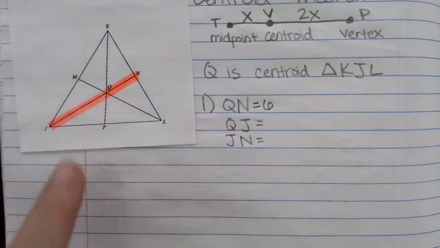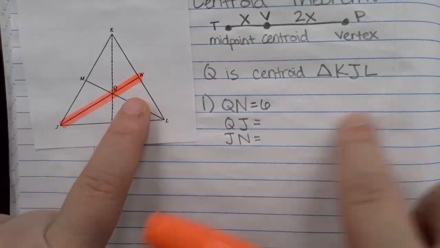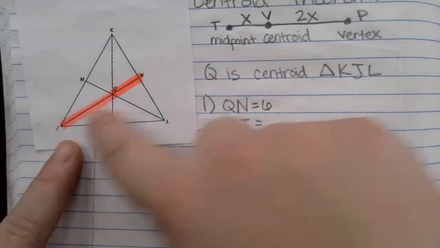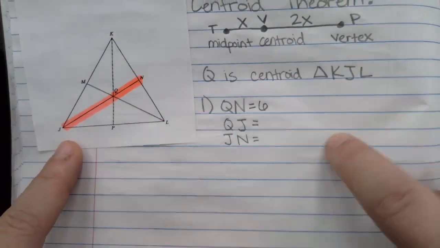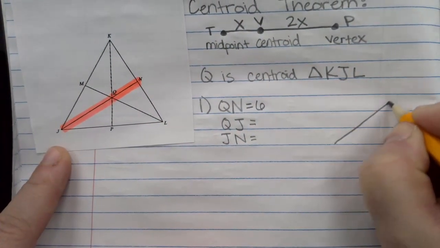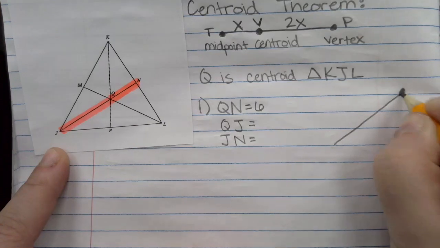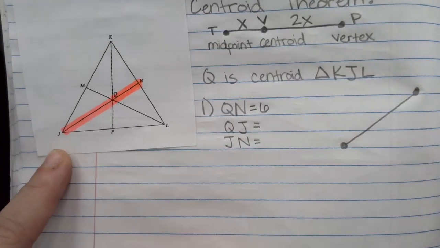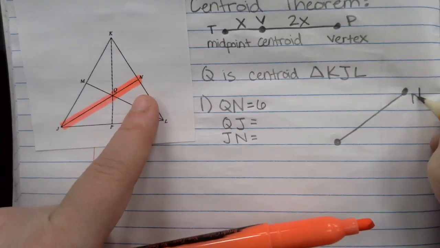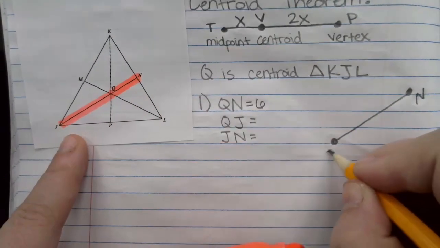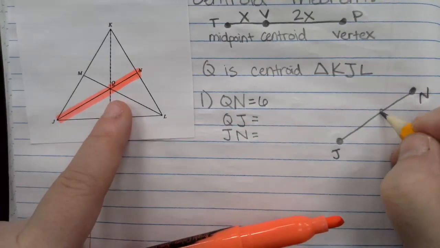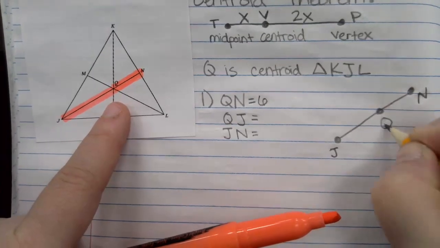This is where we're going to use our highlighters. I'm going to highlight that so I know when I do this problem that's the one I'm looking at. I'm going to draw a picture of JN over here and try to mimic exactly how it looks. So I'm going to go up at that angle. On the right side I have N, on the bottom there is J, and Q is somewhere in that middle spot.